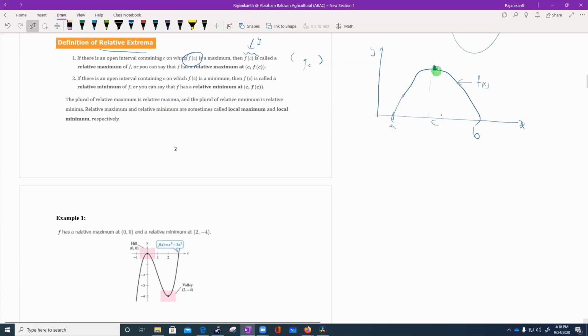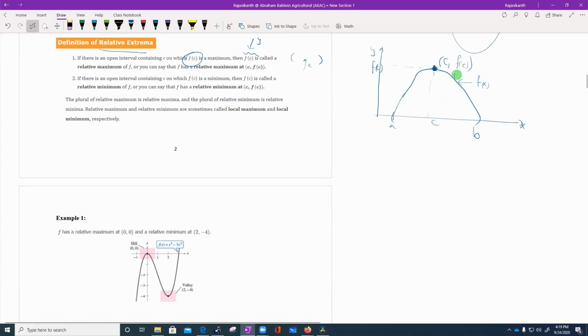Now you see the function attains a maximum at this point, right? That means this is my function value, f(c). This is my corresponding x value. So what is the coordinate of this point? The x coordinate is c, the y coordinate is f(c), right?